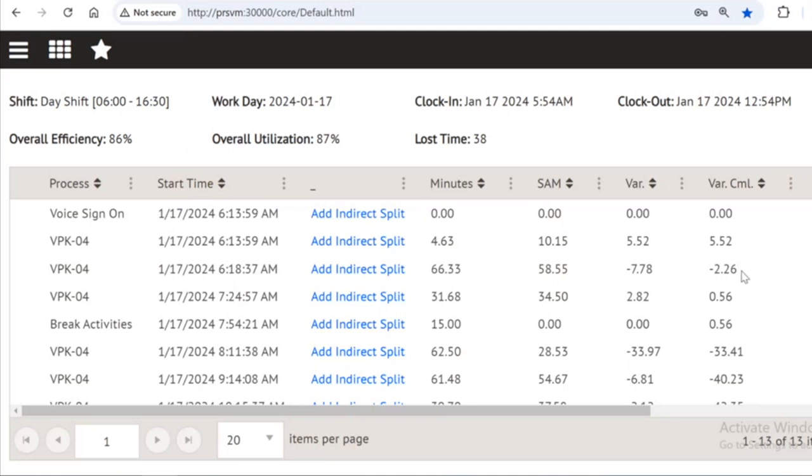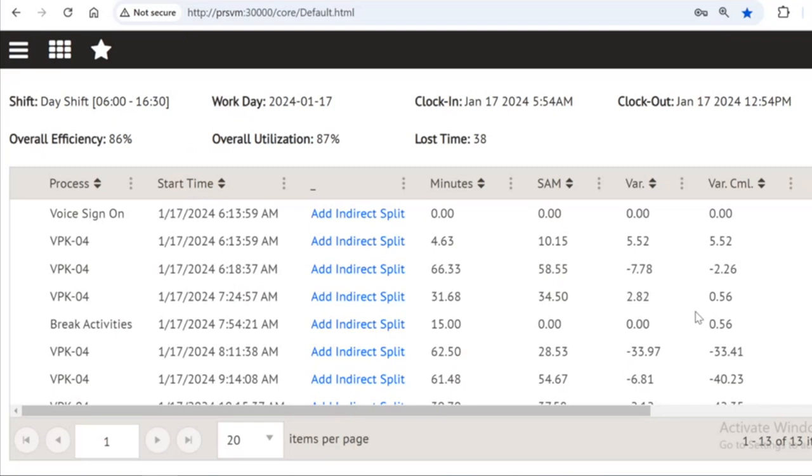We can see a variance between the SAM, or the standard time, as an expectation for how long it should have taken to complete that task versus the actual minutes that it took them to complete. A little bit of a variance isn't always a problem. Sometimes you come in a little above or a little below and you average out to 100% throughout the day.